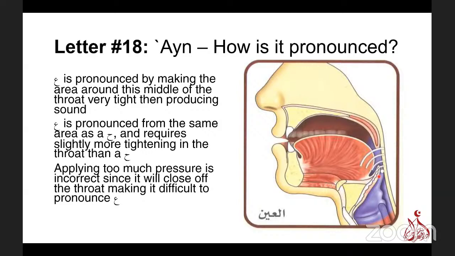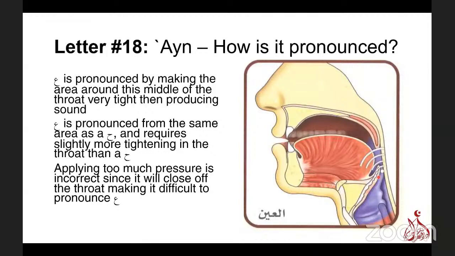One thing related to an error: applying too much pressure is incorrect. The first time someone is learning an Ain, it's okay to apply a lot of pressure. That just means this muscle of yours is not yet used to figuring out what to do for the letter Ain. That's okay.